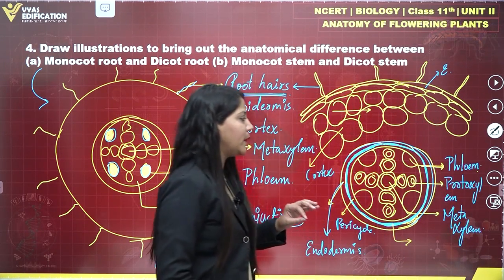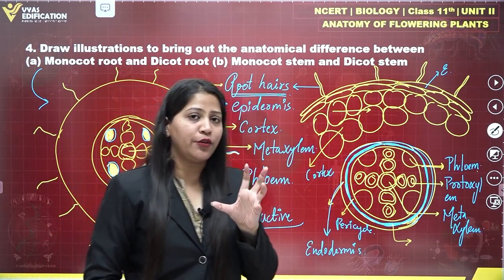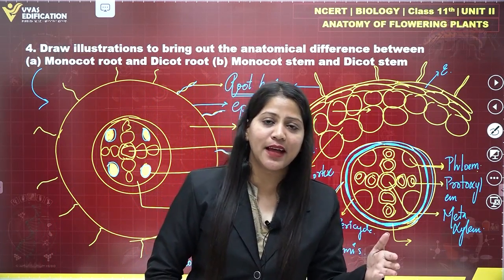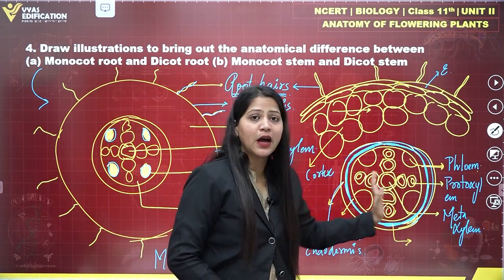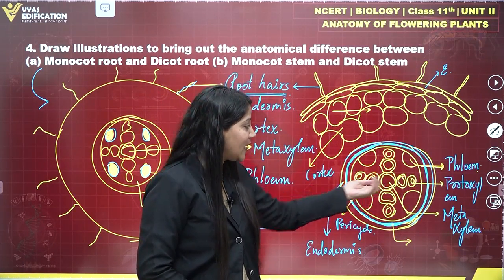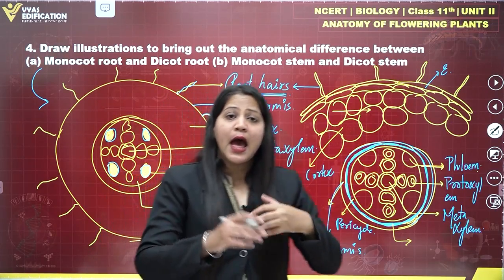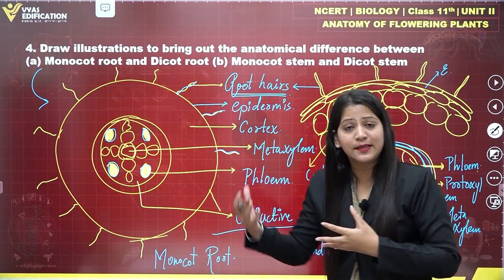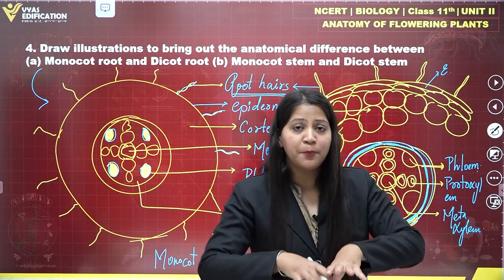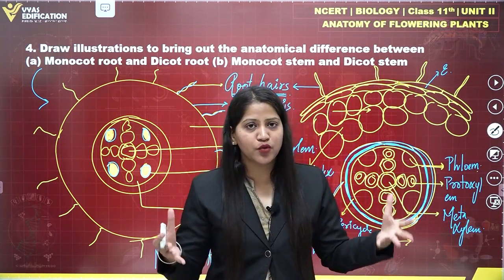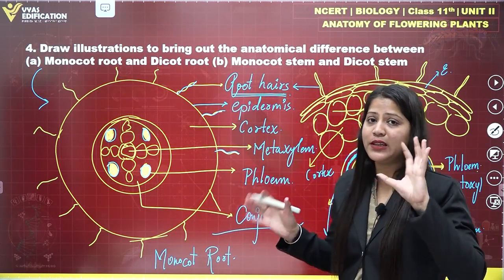One thing you have to remember is we have 2 types of xylem, protoxylem and metaxylem. In case of roots, protoxylem will be at the outer side and metaxylem will be at the inner side. And if you talk about stems, then protoxylem will be at the inner side and metaxylem will be at the outer side.